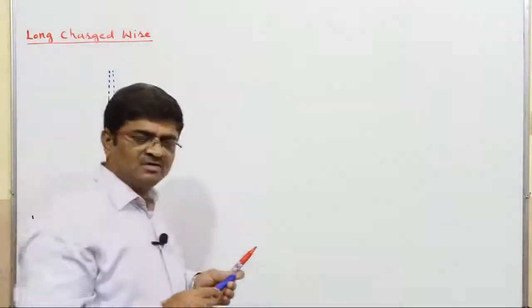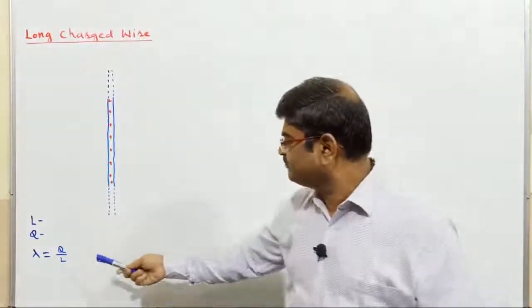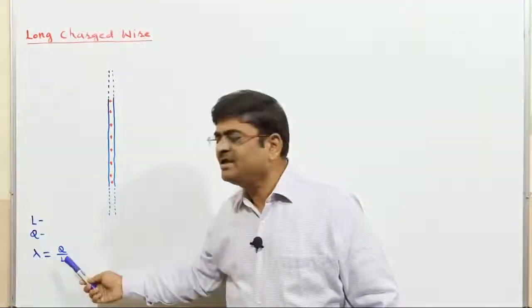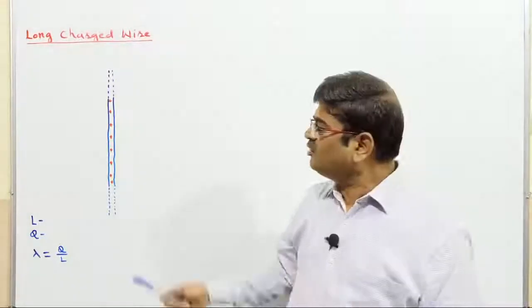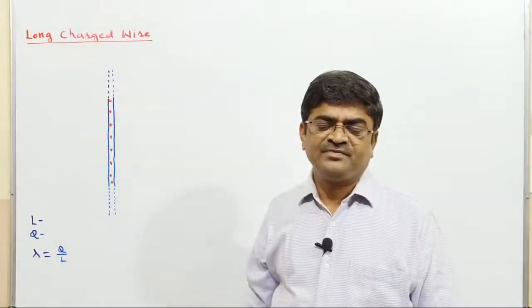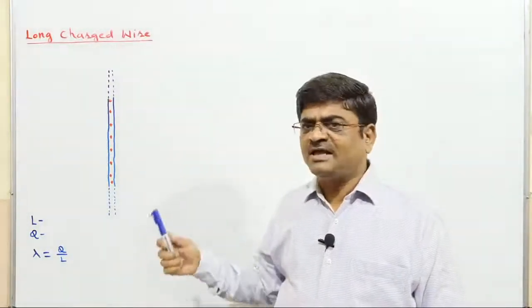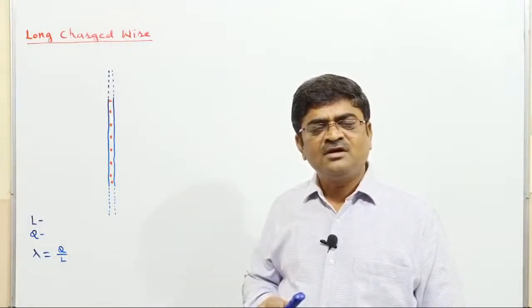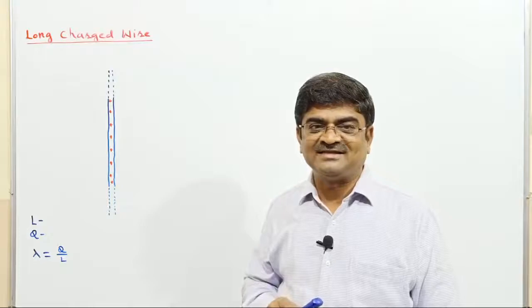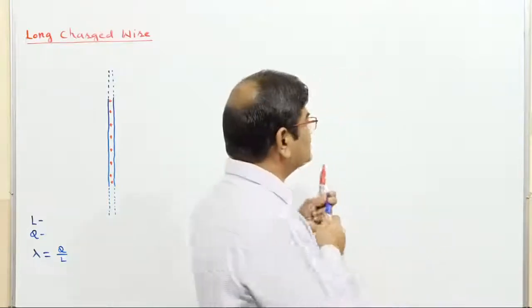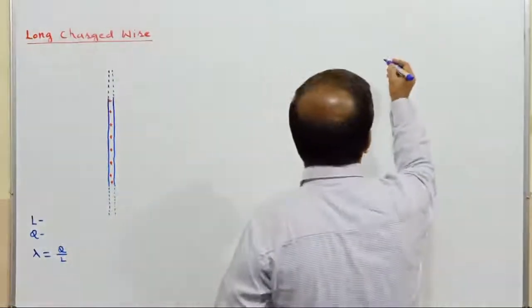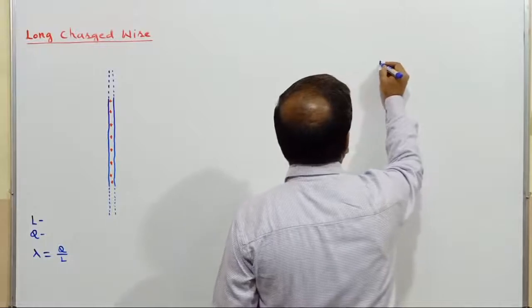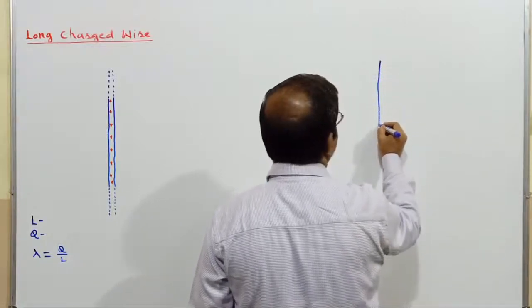How much is the linear charge density? Lambda equals Q by L. Now due to this wire, by calculus method, you have an idea about direction of electric intensity. To simply visualize here, this is the wire which I am talking about.